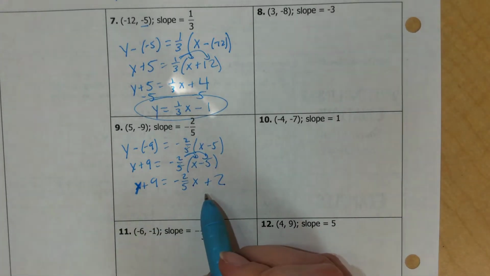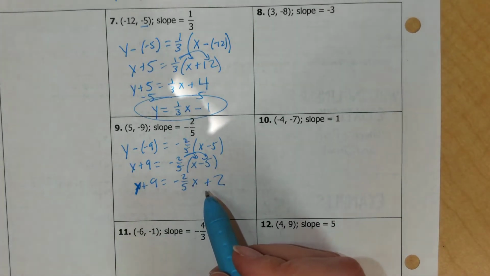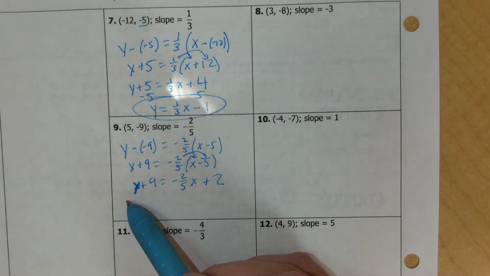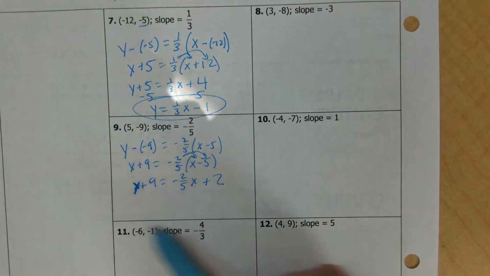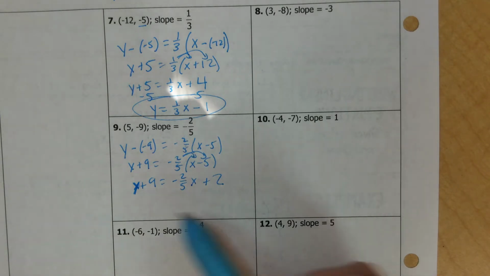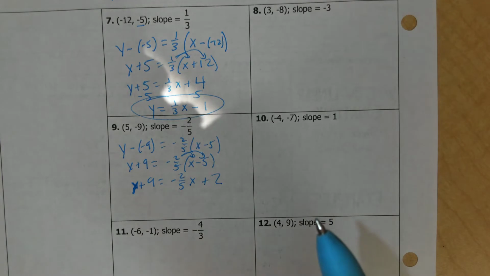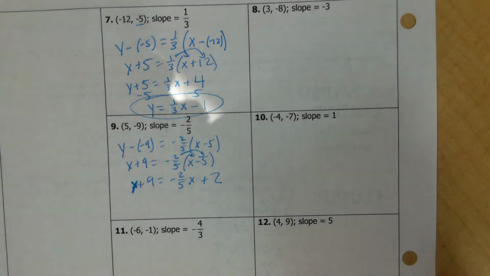And then at this point, if the question was asking you to put it into standard form, you could. You would just move this 9 over and add this x over. And then we would have to do one final step to get everything as a positive integer for our coefficients and constant.